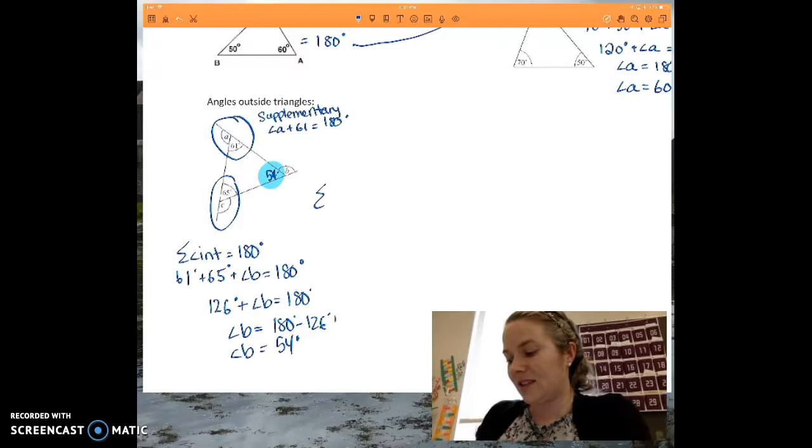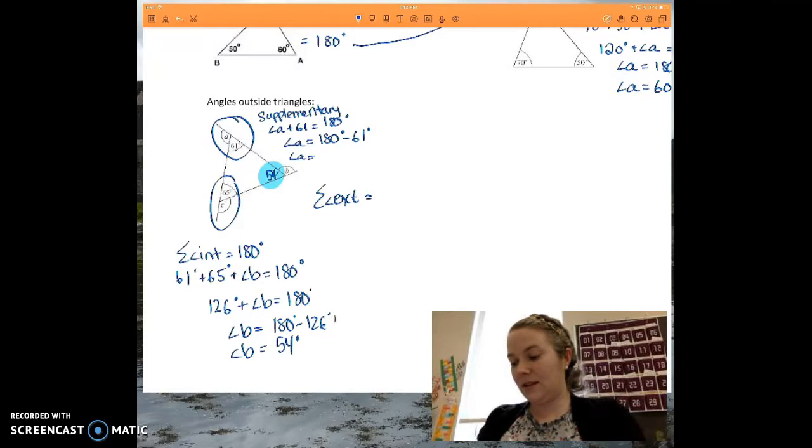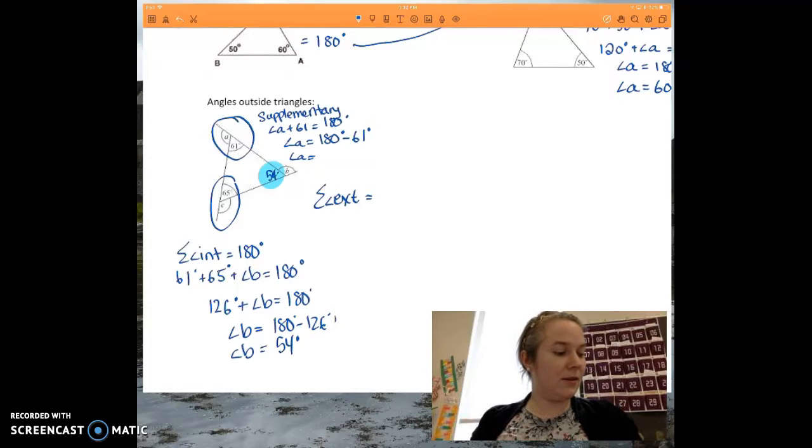Now, let's find the sum of exterior angles. So I need to find angle A is 180 degrees minus 61, which means that angle A is 119 degrees.